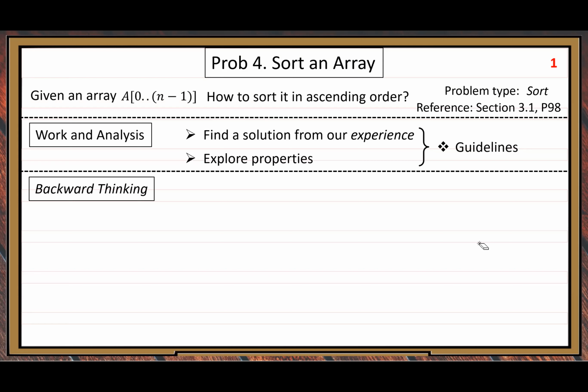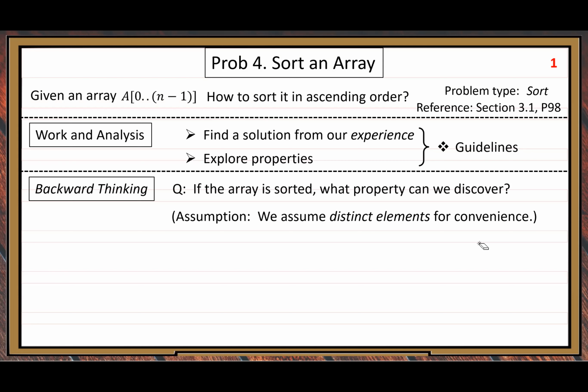So you get an ascending array. After you do some data processing work, you get the array sorted. Now you want to see some interesting property. What property can we discover if it's already sorted?